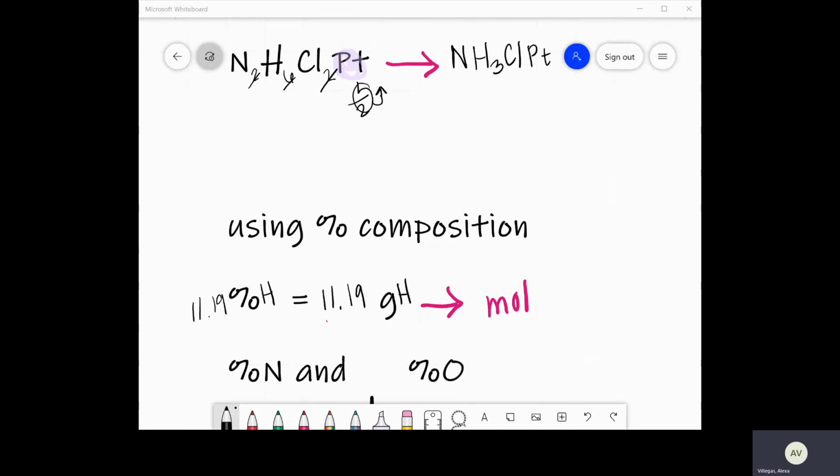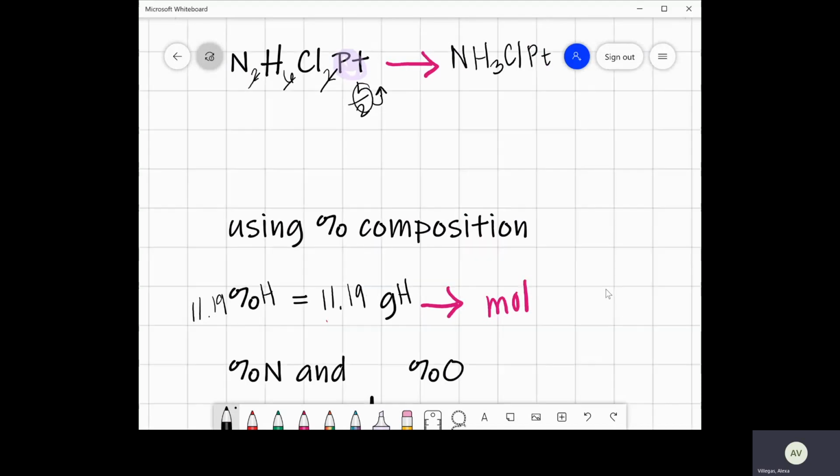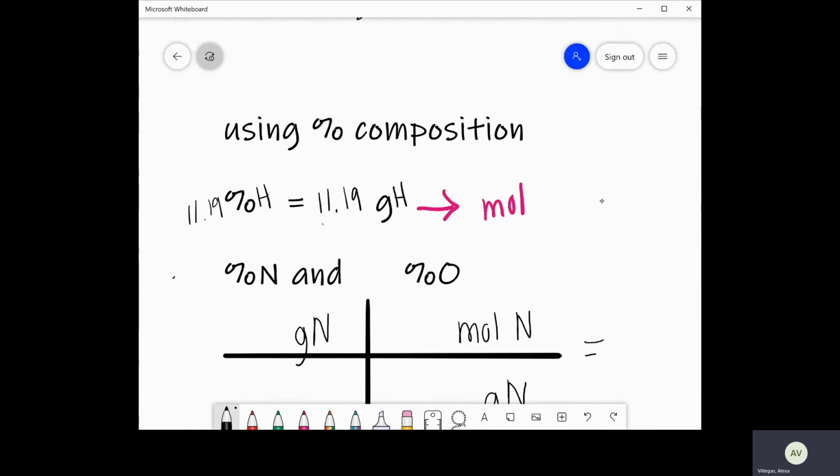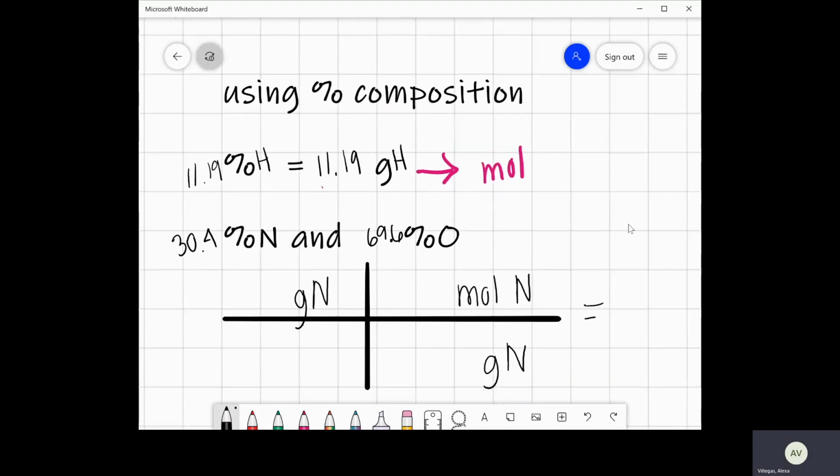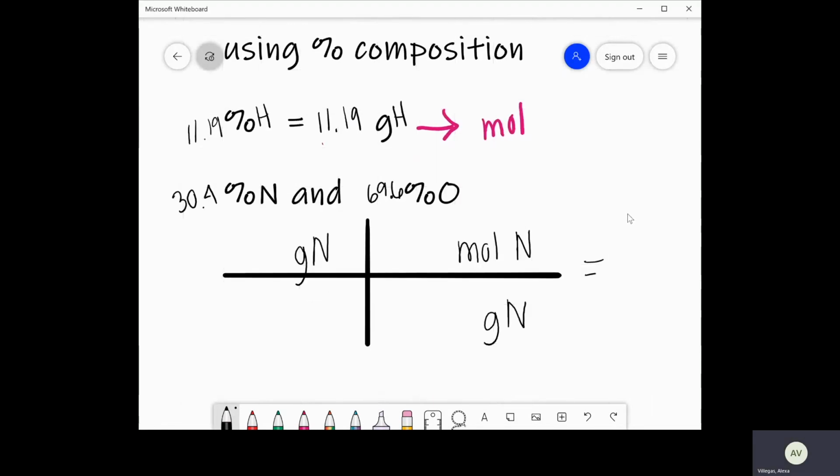So if I asked you to find the empirical formula of a compound that is 30.4% nitrogen and 69.6% oxygen, follow your conversion rules. So first, take care of nitrogen.